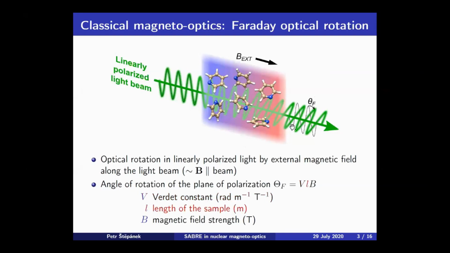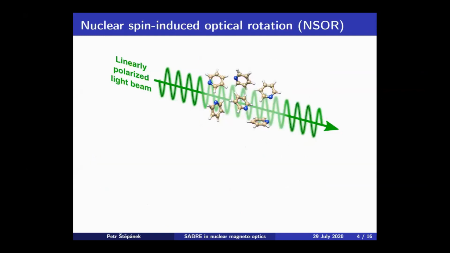Then we have the length of the sample through which the beam travels. And finally, we have the strength of the magnetic field in the direction of the light beam. That also means that if we reverse the direction of the beam, then this angle of rotation changes sign as well.